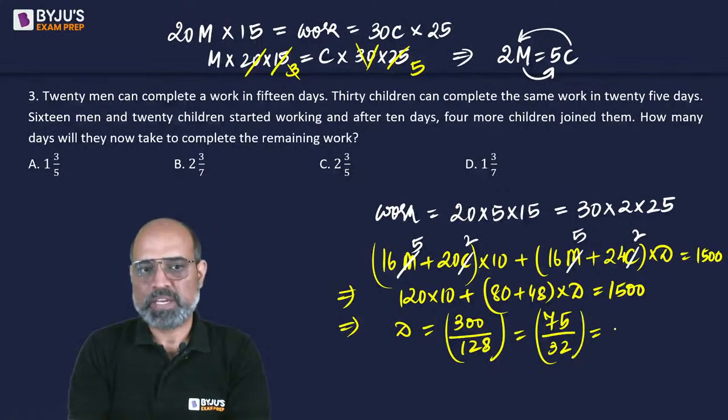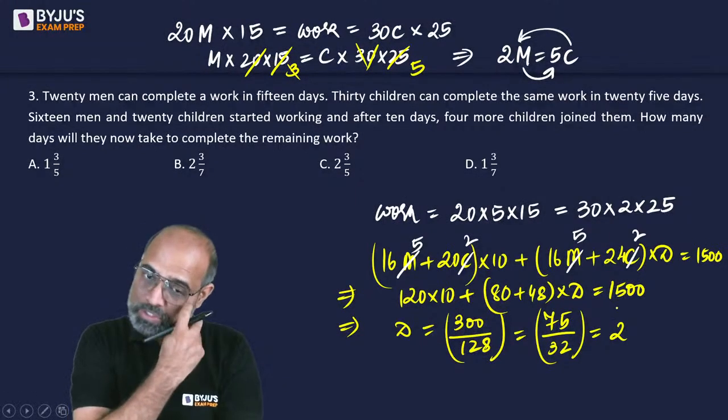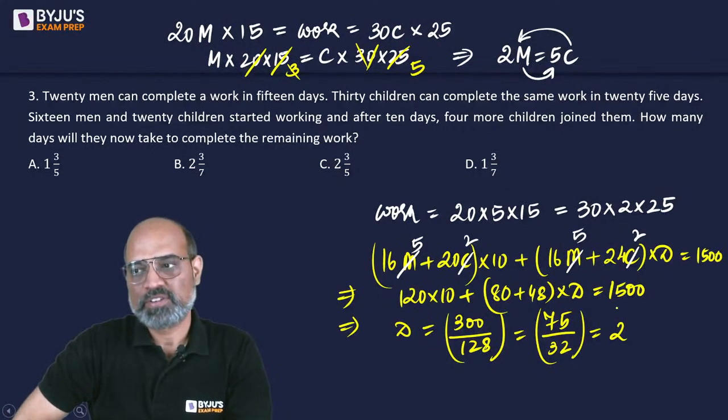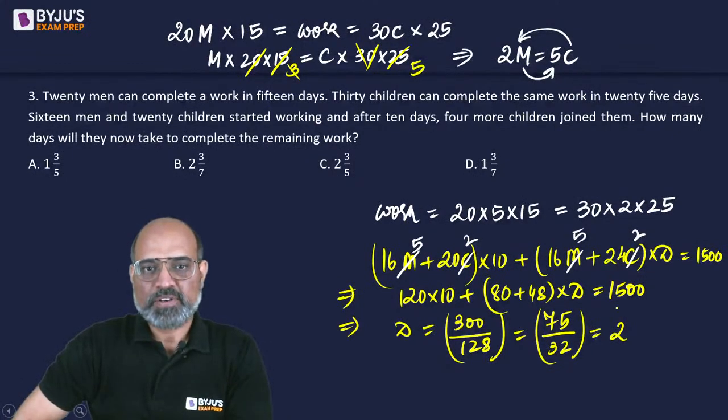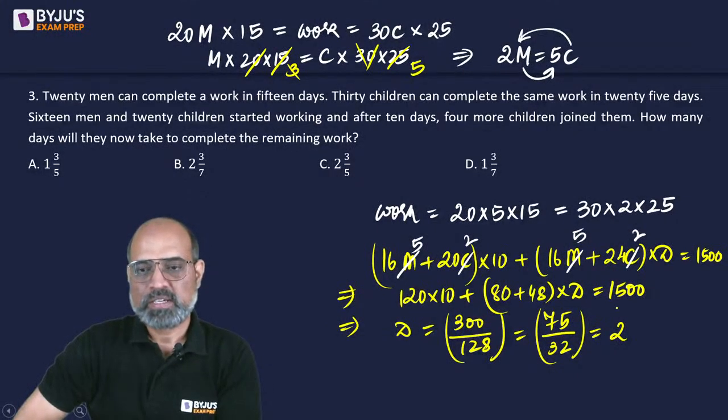So this is going to be 35 and 72. I hope there is no calculation mistake. 80 plus 48. And 20 children started work, and after 10 days, 4 more children joined them. 32. Okay. So it's going to be 275.